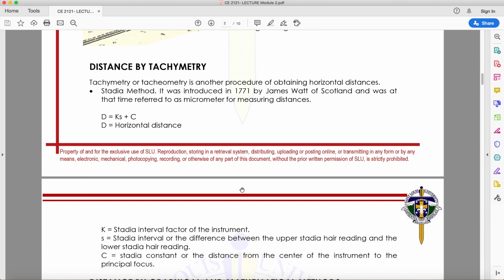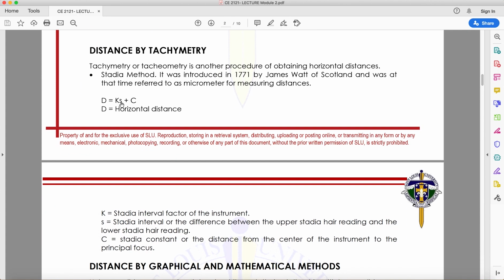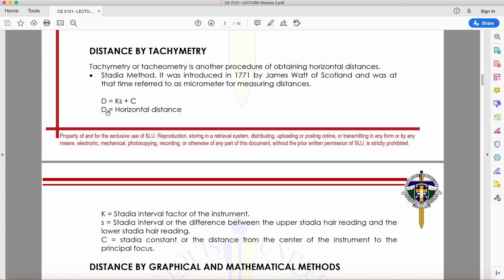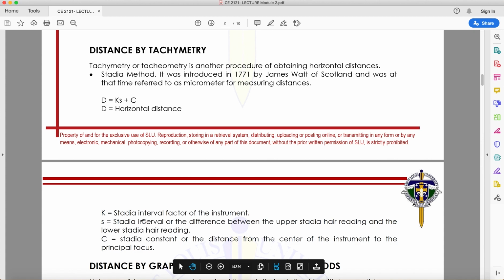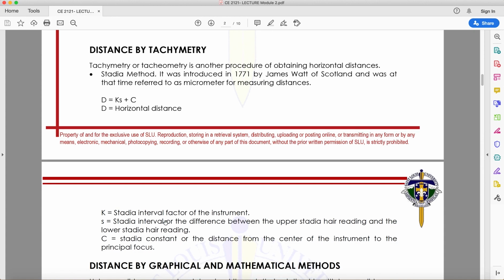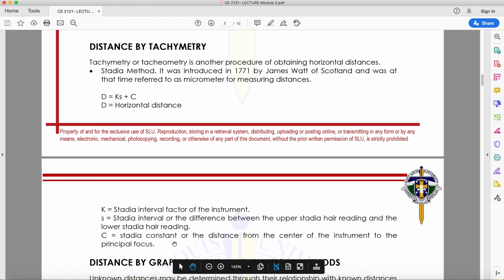The distance D is equivalent to Ks plus C, where D is the horizontal distance, K is the stadia interval factor of the instrument, and S is the stadia interval or the difference between the upper stadia hair reading and the lower stadia hair reading, while C is the stadia constant, or the distance from the center of the instrument to the principal focus.